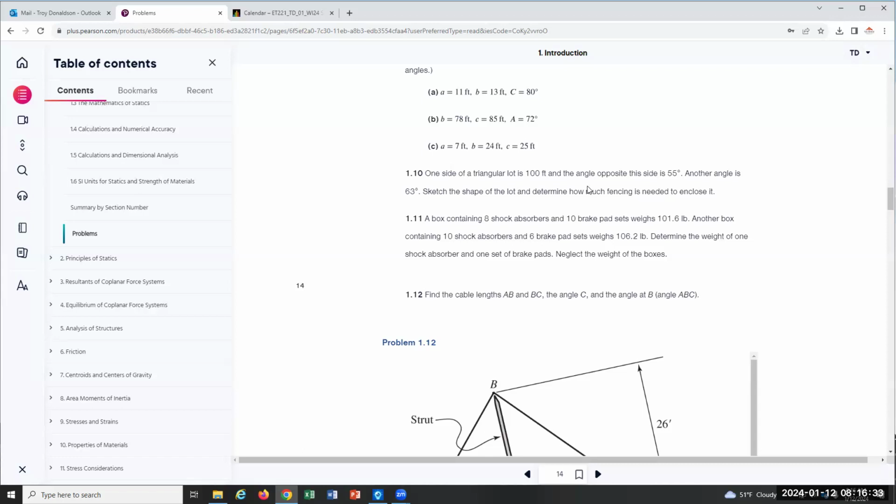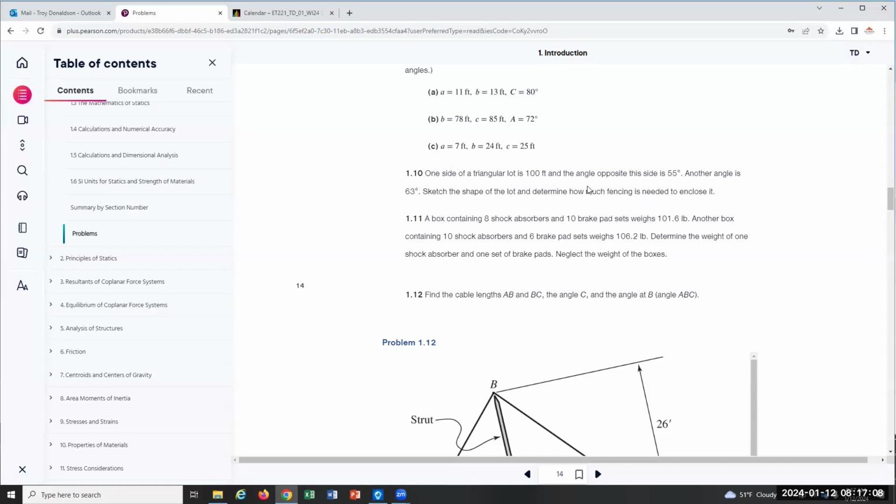All right. Still going with 100 feet here. And then the angle opposite is 55. And 63 is the other angle, correct?